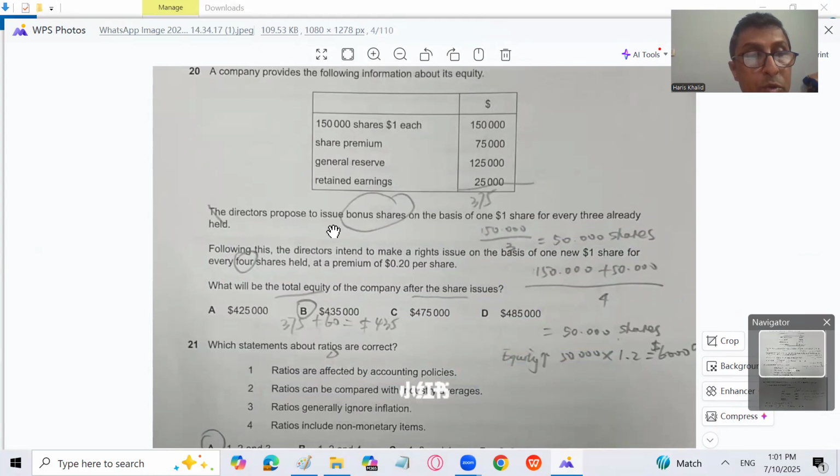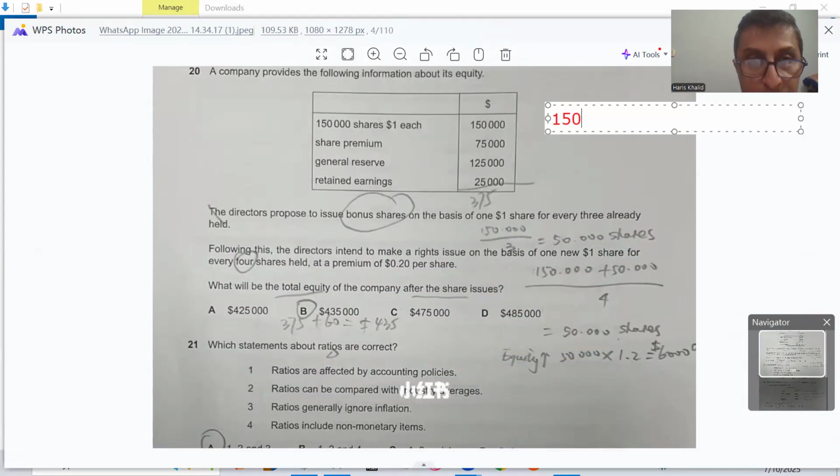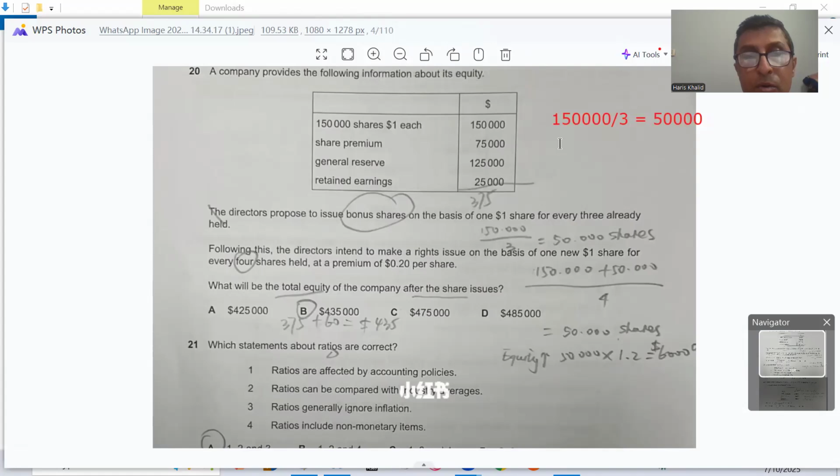The directors proposed to issue bonus shares on the basis of 1 share for every 3 already held. Let's calculate. 1,50,000 divided by 3, because the value of 1 share is 1, gives 50,000 bonus shares. Now the total shares are 2 lakh: 150,000 old shares plus 50,000 bonus shares.